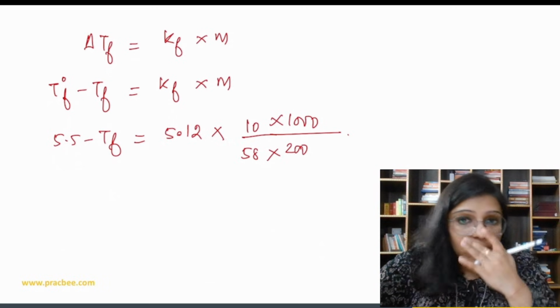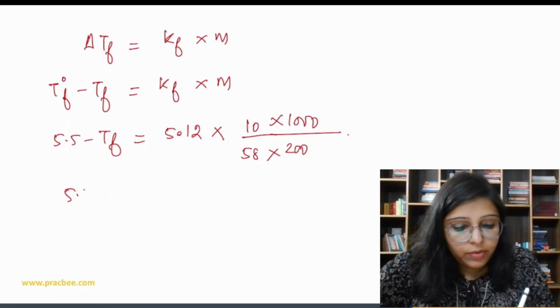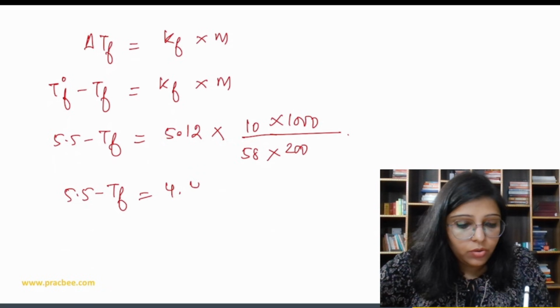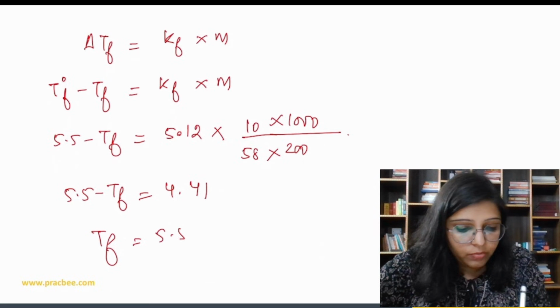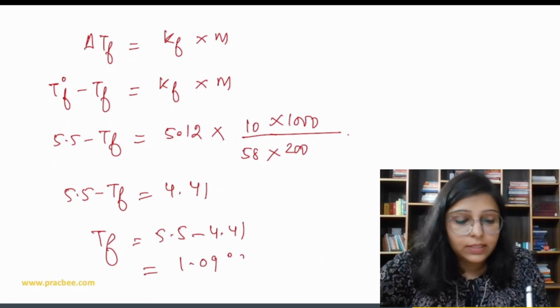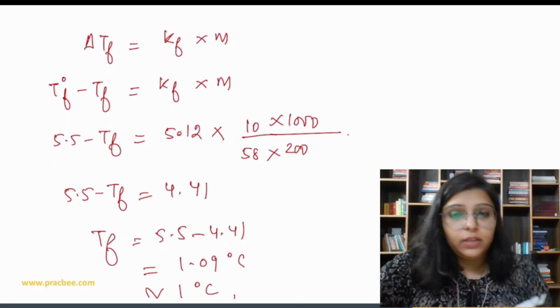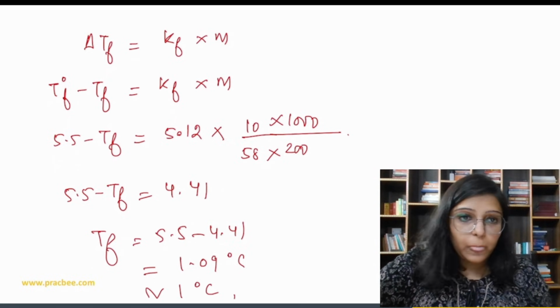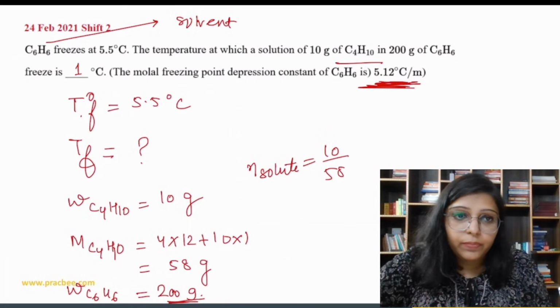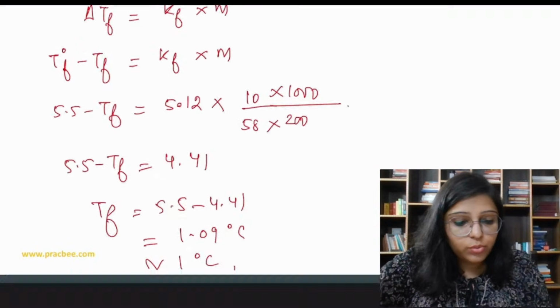Okay? So when you solve this, you get 5.5 minus Tf is equal to 4.41. So Tf is equal to 5.5 minus 4.41, which is equal to 1.09 degrees Celsius, equivalent to 1 degree Celsius. Okay, that's it. So here answer is 1. Now let's do the next question.